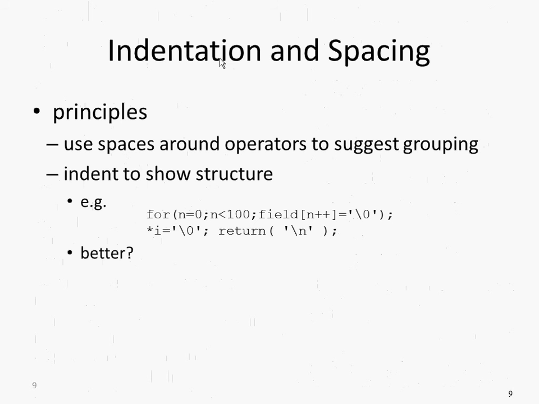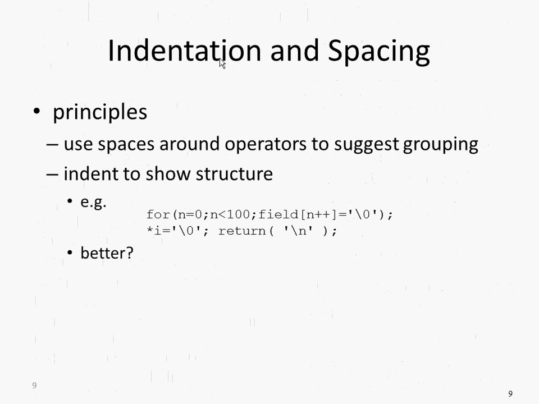So we had seen an example last time which involved a for loop with somewhat execrable conventions in terms of indentation as well as other things. So can anyone suggest ways in which the current code fragment might be improved? Okay, so that's a good comment.